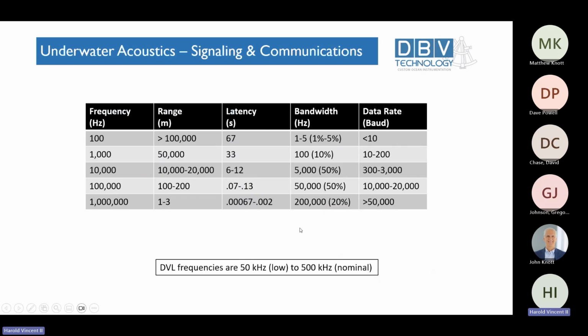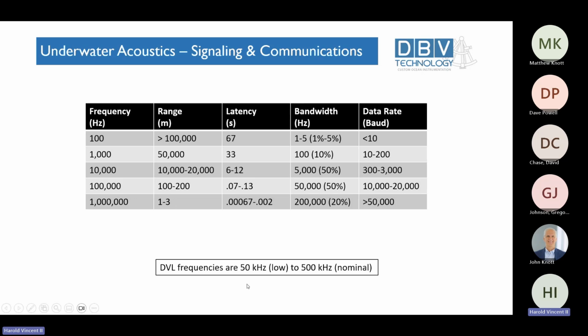So now we'll talk a little bit about underwater acoustics in the sense of the limitations that are imposed by the undersea medium on acoustic signaling. There's this general trend, which is if you want to use acoustics at longer ranges, you have to operate at lower frequencies, and at the longer ranges incur greater latencies.